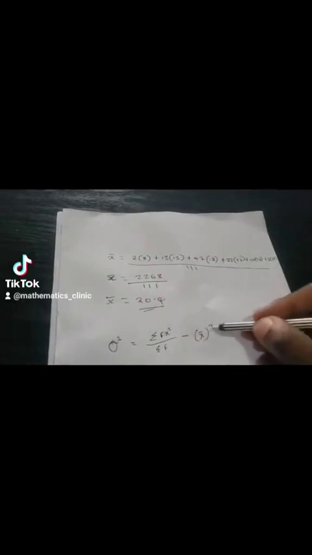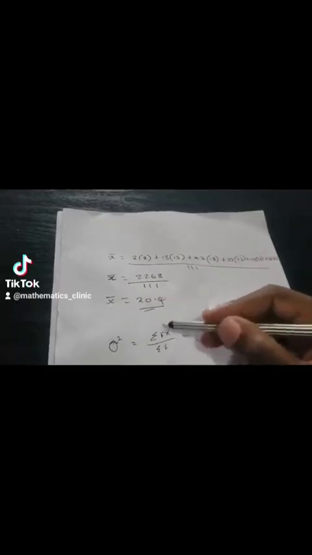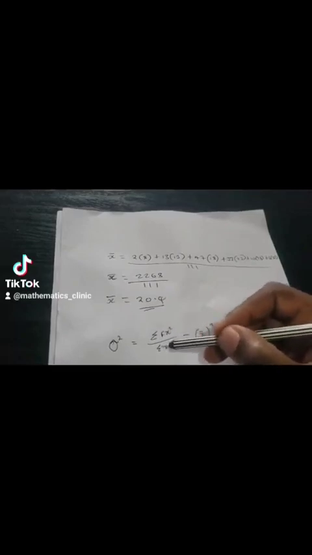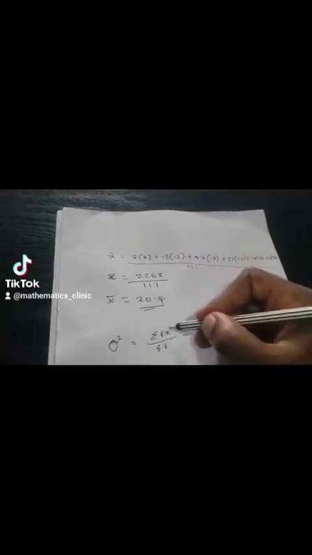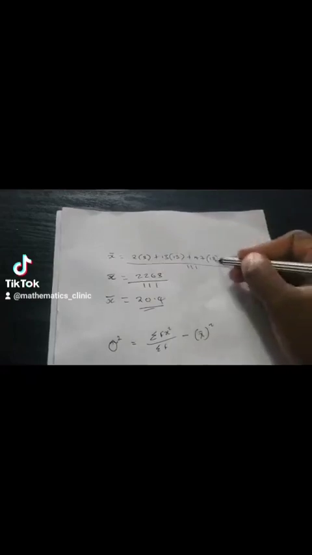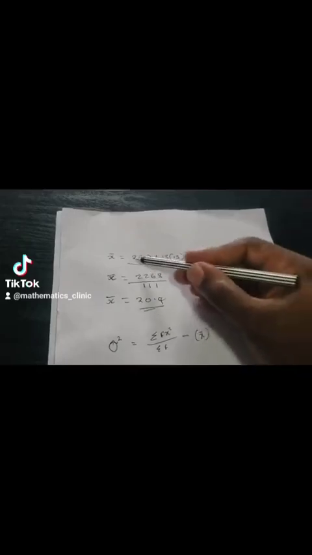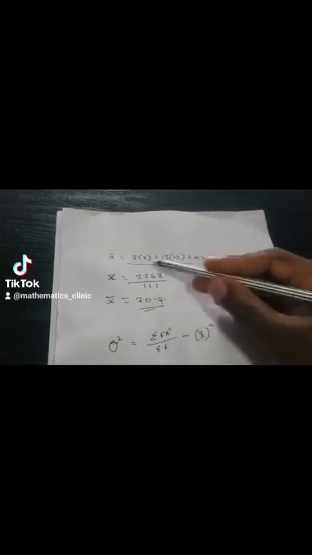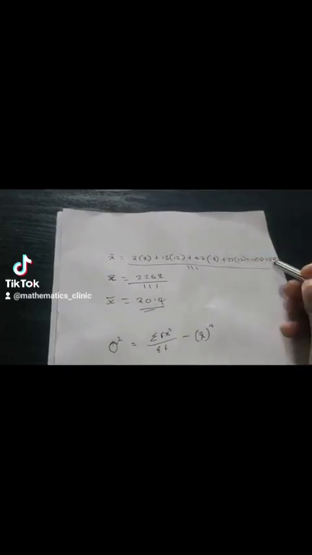Before we do that, the summation of fx squared over the summation of f tells us that this x is the one that we need to square now. Our frequency is 2, 13, 47, 33, 10, and 6.